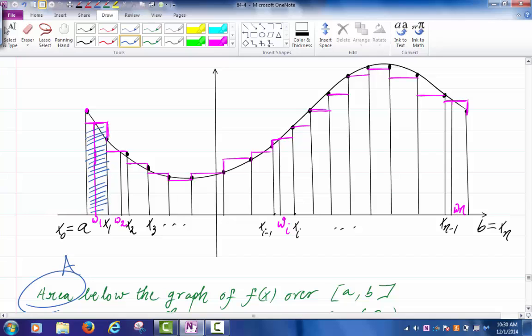How about the second summand in my Riemann sum? What am I doing for the second summand? I am evaluating the function f at the sample point W2 and then multiplying that by the length of the second subinterval, right?